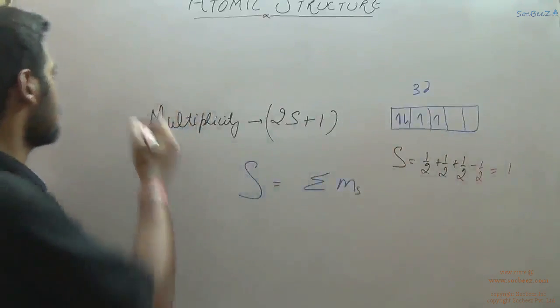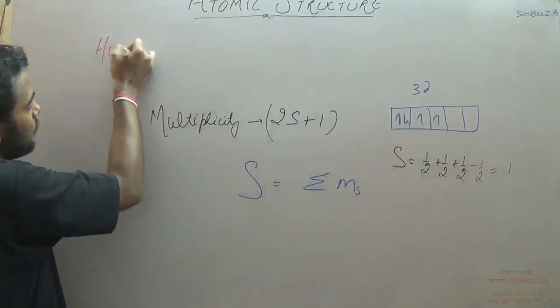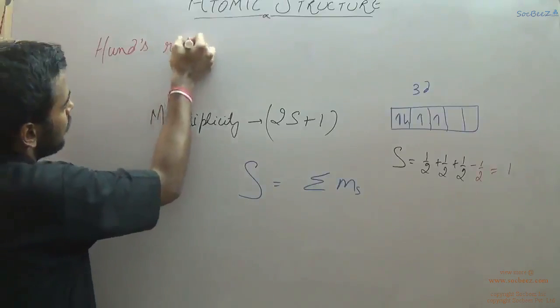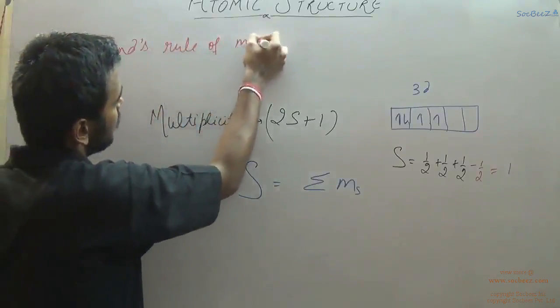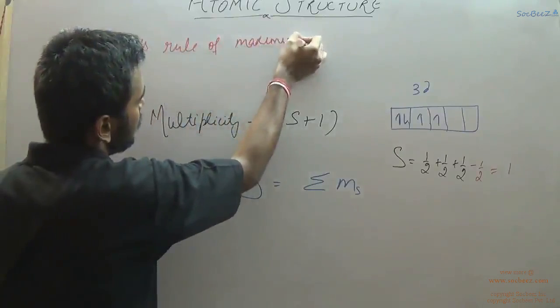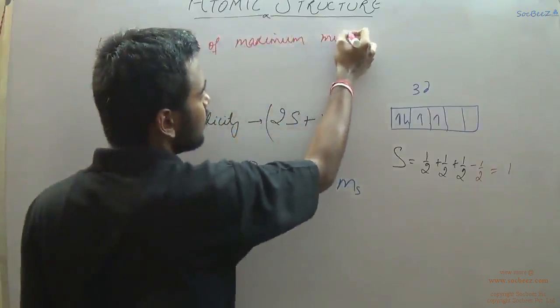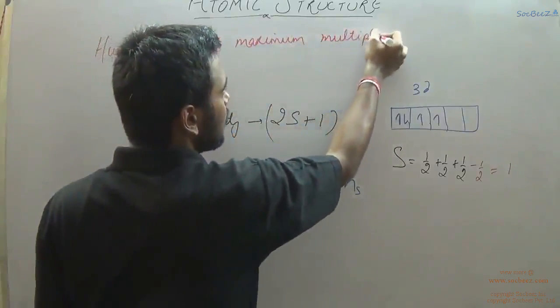Fine. So this is what is said by Hund's rule of maximum multiplicity.